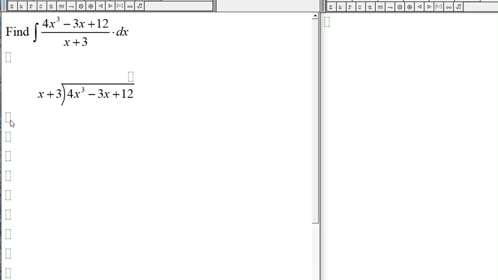And then we just do long division of polynomials. So again, to divide the 4x to the third minus 3x plus 12 by x plus 3, first we divide x into 4x to the third.